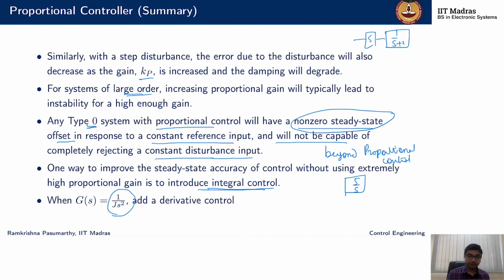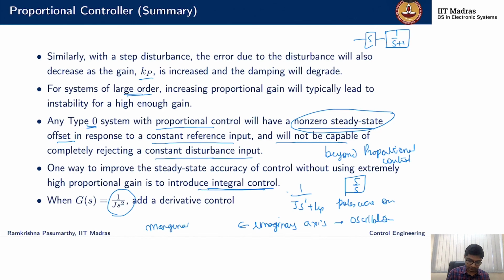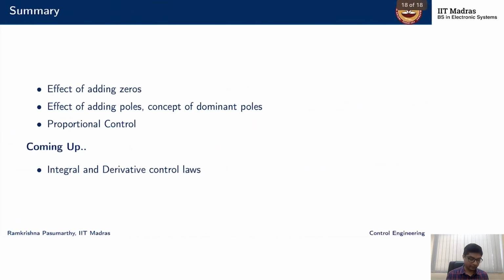Similarly, when the plant was 1 over Js squared, at best my proportional controller gave roots on the imaginary axis, so the poles were on the imaginary axis. This is an oscillatory response, also called marginal stability. So we'll see that going beyond proportional control, with integral control and derivative control, will solve these two problems.